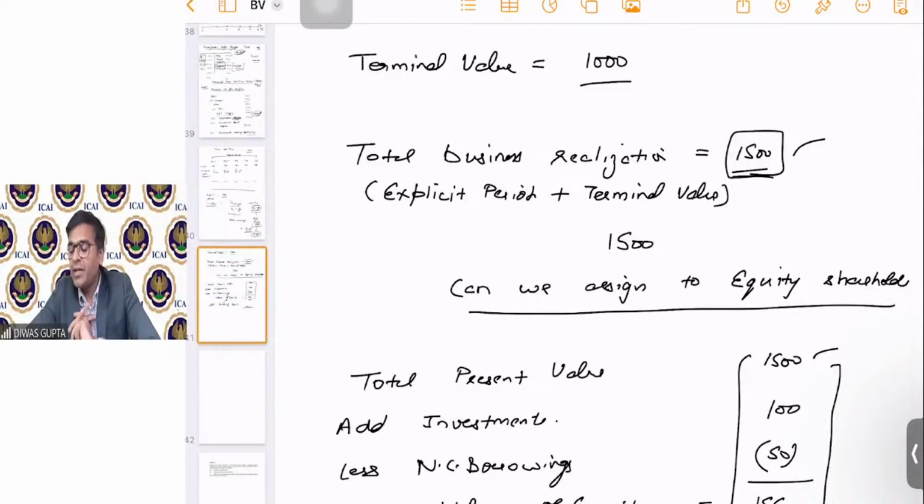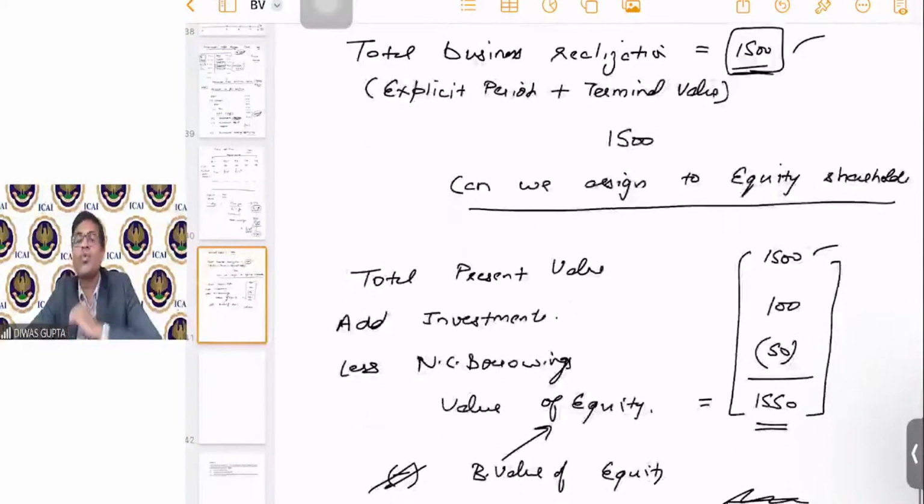So for cash generating units, we always use this analysis to arrive at the right value of equity, which in this case is 1550, and compare it with the book value of equity. If the value of equity of 1550 is lower than the book value, then impairment needs to be recorded, correct?